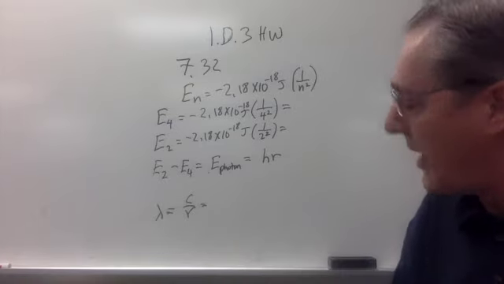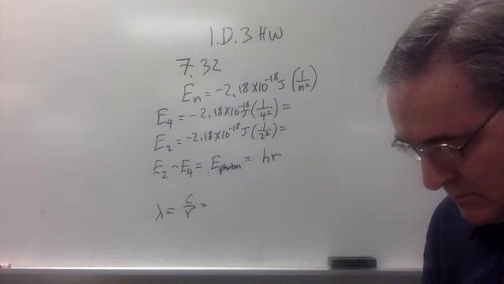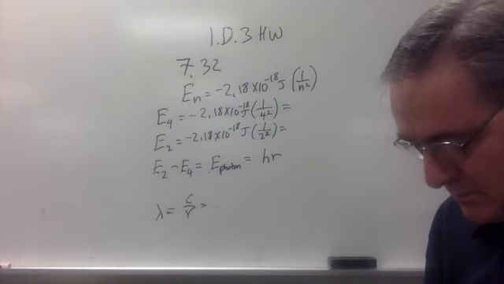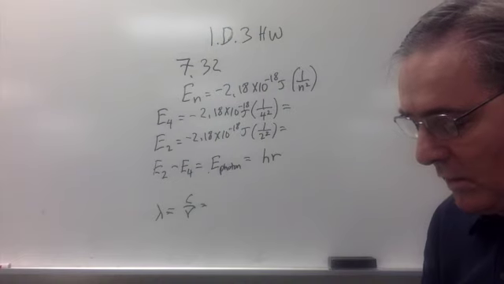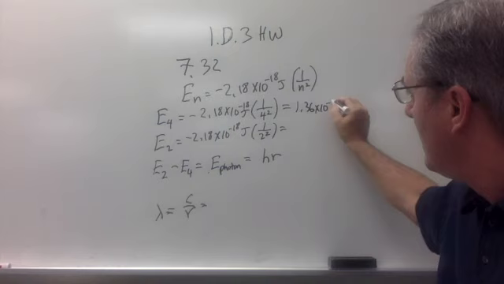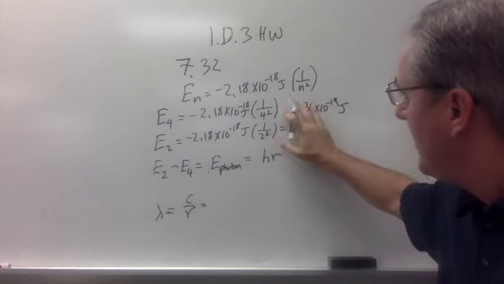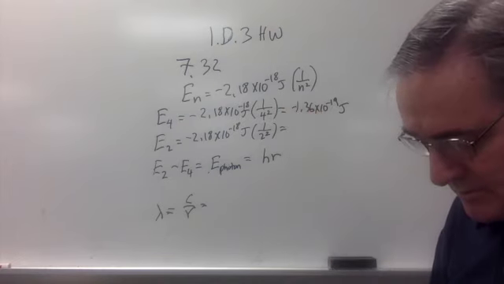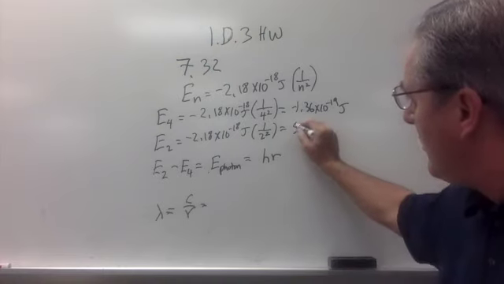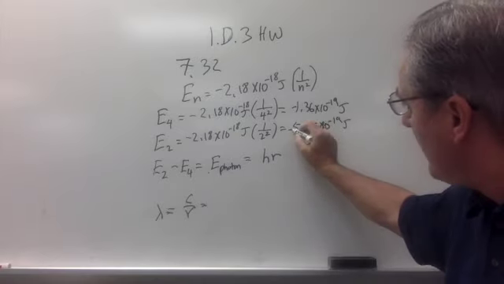So calculating those values quickly. We get 1.36 times 10 to the minus 19 joules. That's a negative. And 5.45 times 10 to the minus 19 joules, also negative.